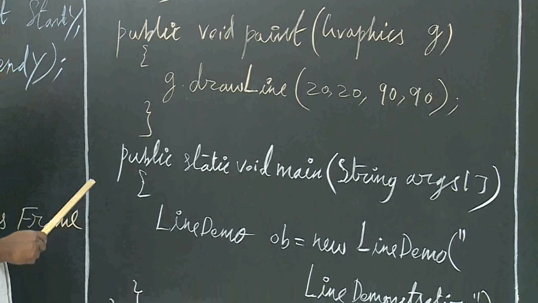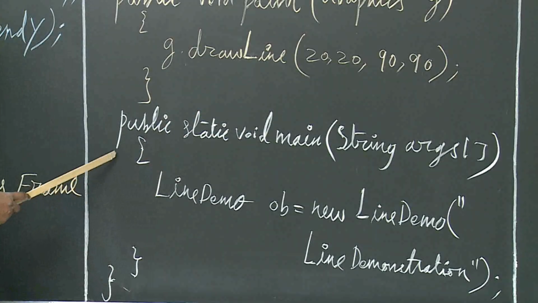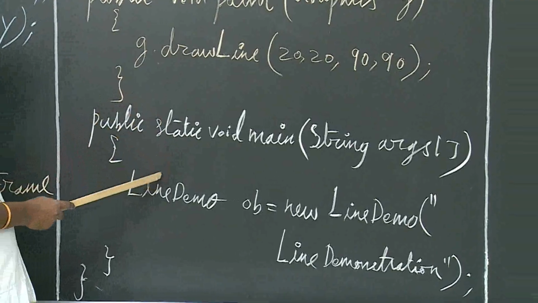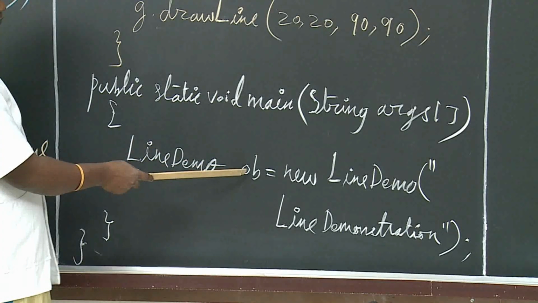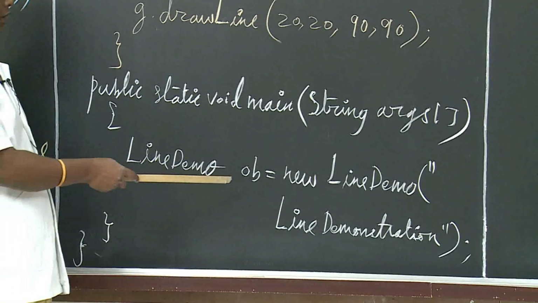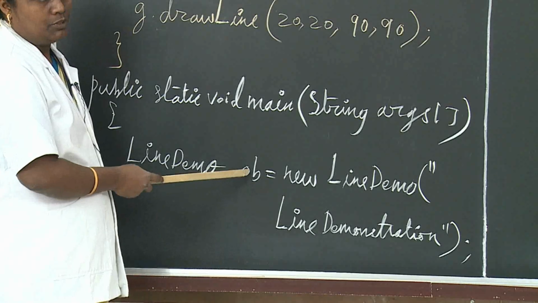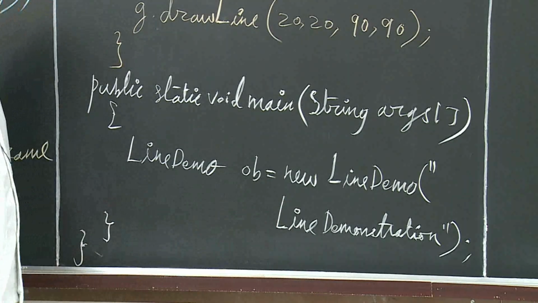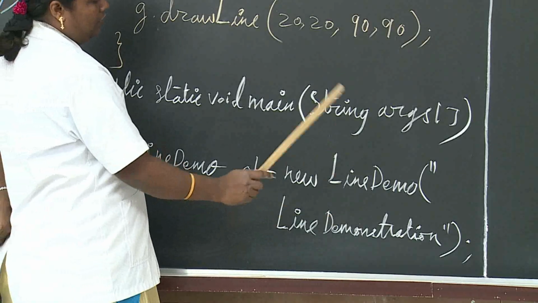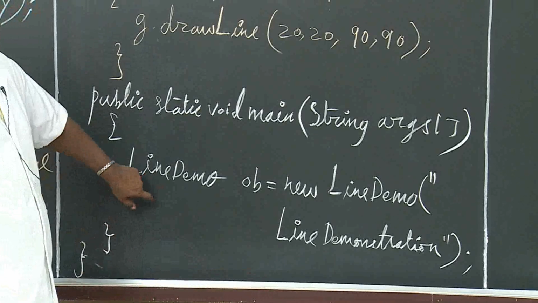Again, the next is the main function. Here the program is going to start. Initially I have created the class with its object. While creating the object, I am initiating the class name with LineDemonstration. This LineDemonstration represents the name of the line.